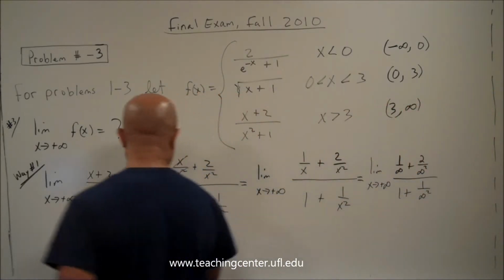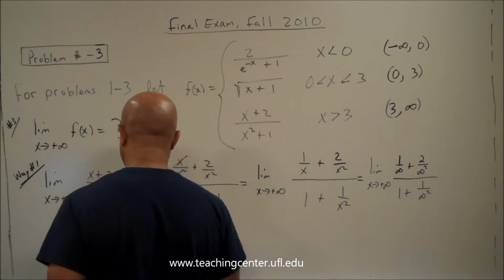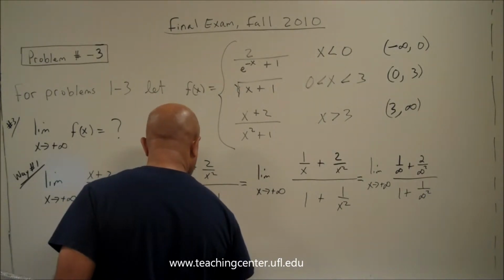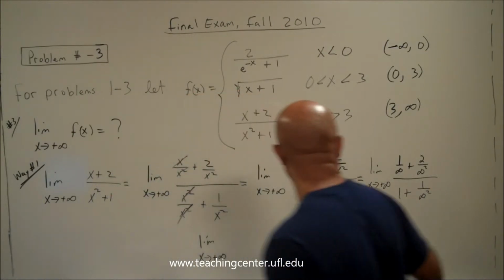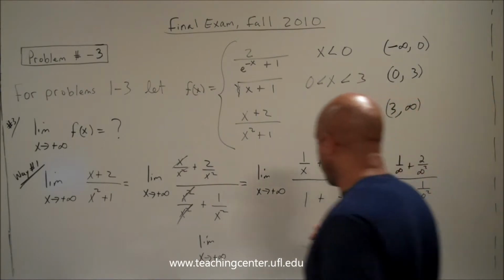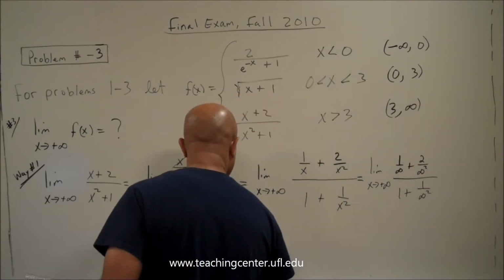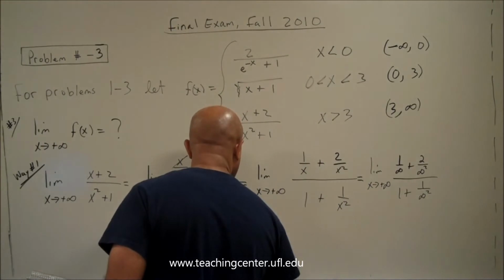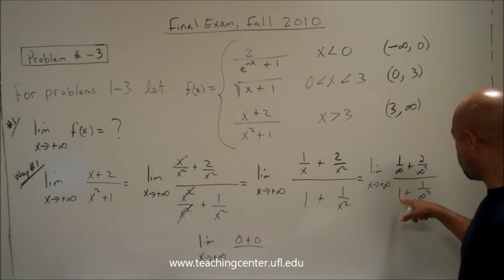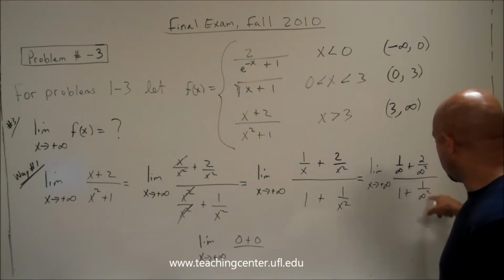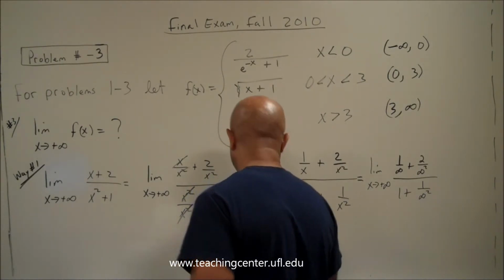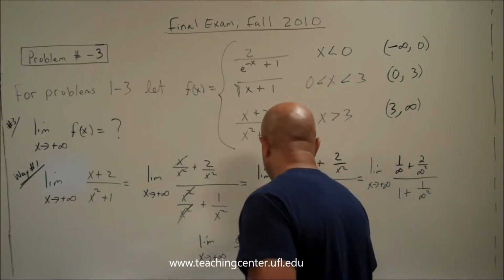The limit of 1 over infinity is 0, and 2 over infinity squared is 0, so we get 0 plus 0 over 1 plus 0, which is 0 over 1, which is 0.